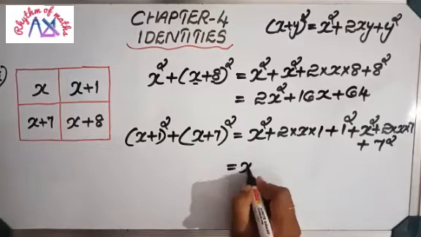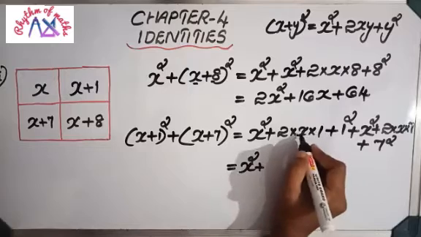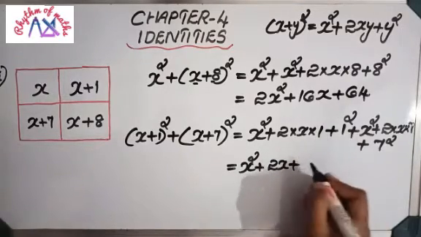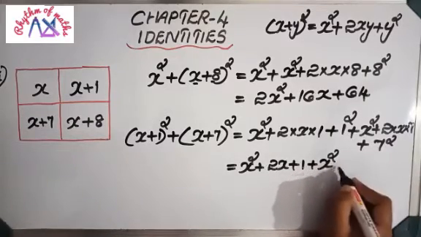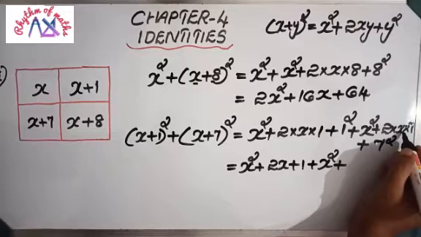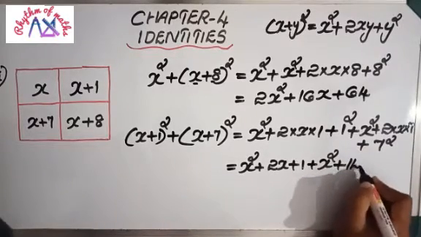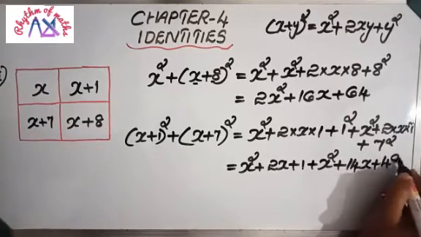So x square here plus 2 into x into 1. 1 into 2, 2. 2 into x, 2x. Plus 1 square is 1 itself. Plus next is x square plus 2 into x into 7. 7 2s are 14. 14 into x, that is 14x. Plus 7 square is 49.